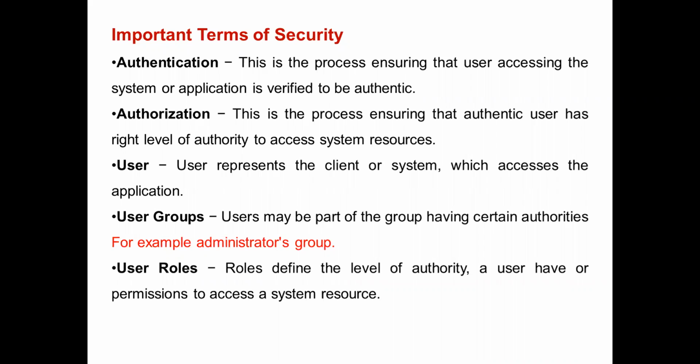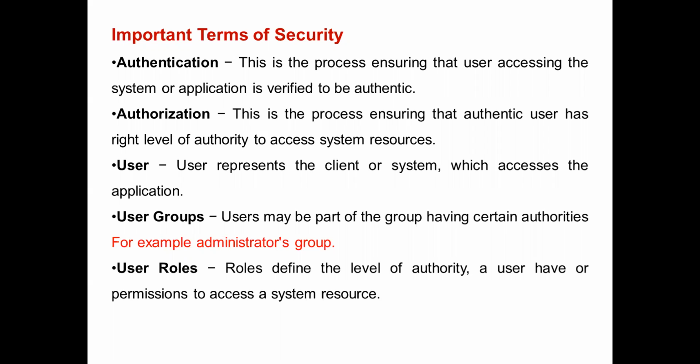A group is nothing but an admin group; the admin can give the authority to access the system or any application. A user may be part of a group having certain authorities, for example the administrative group. So that is the main purpose of user groups.